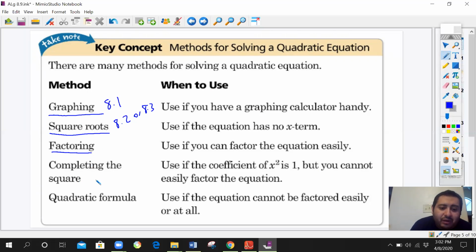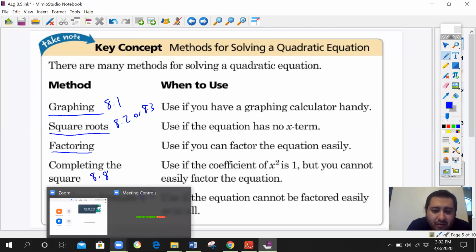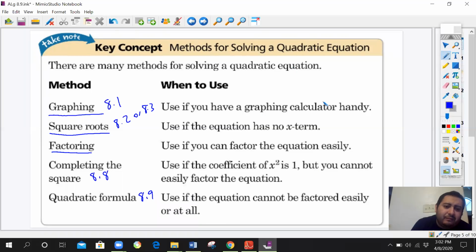Completing the square, that was in 8.8. Quadratic formula, it's 8.9. So technically there are different lessons, and if you want to know which method you prefer, make sure you go back to those lessons in chapter 8, so you can review which one you will perform best with.